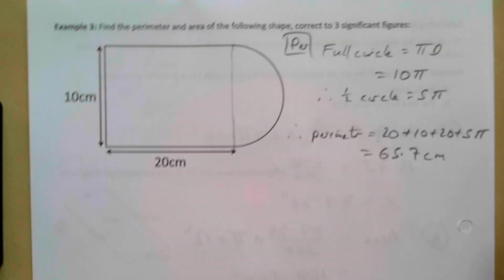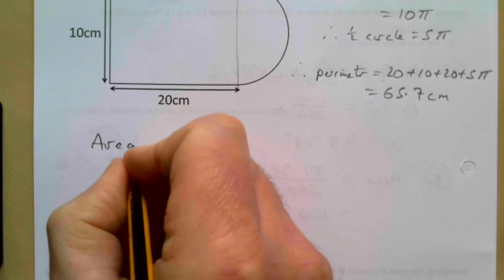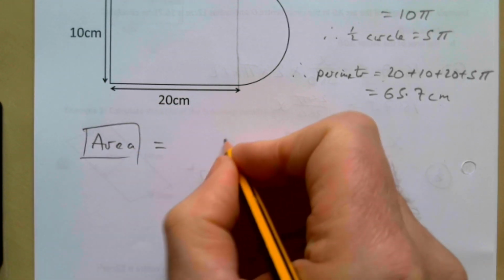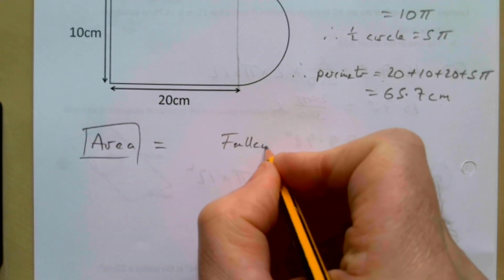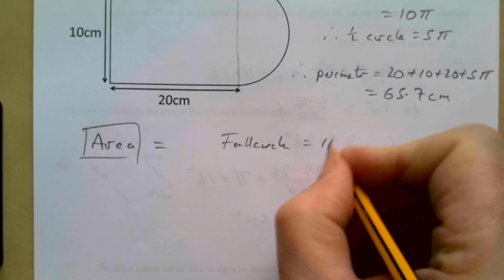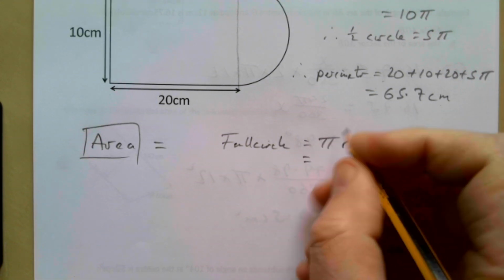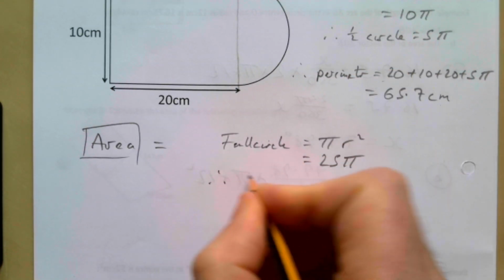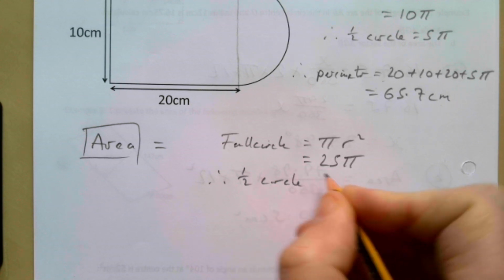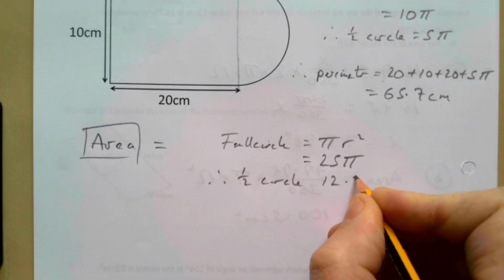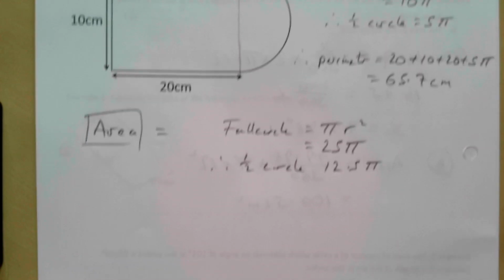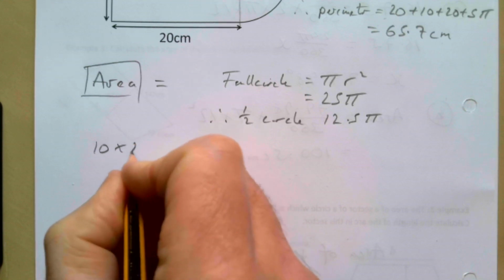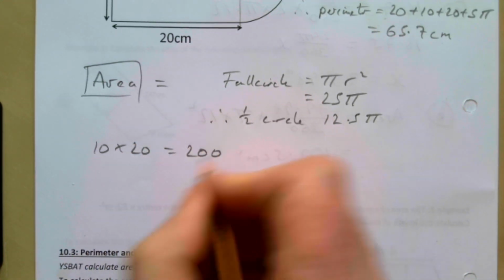And if you can see that again in terms of our area. Full circle is going to be pi r squared. So the r is going to be 5, so it's going to be 25 pi. Therefore, half circle is going to be 12.5 pi. The area of this shape is going to be 10 times 20, which is 200.